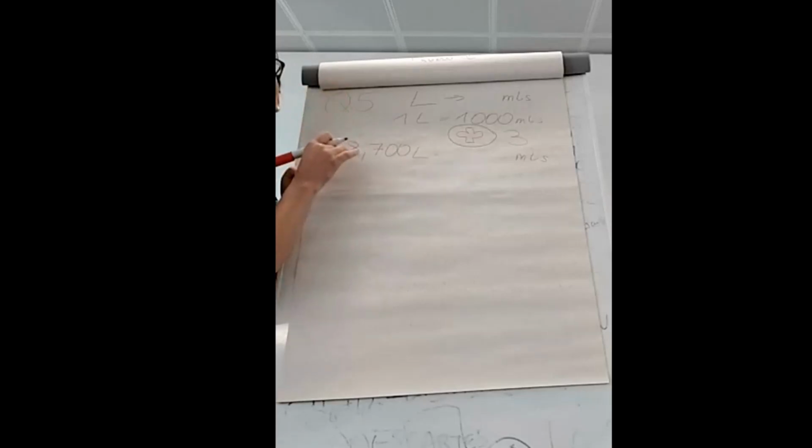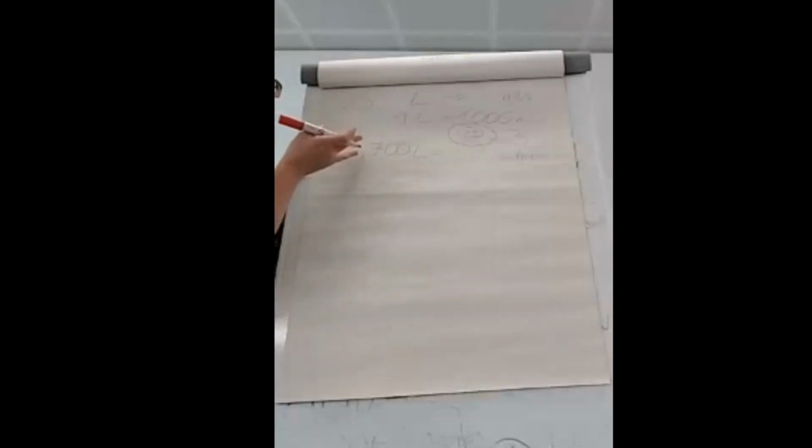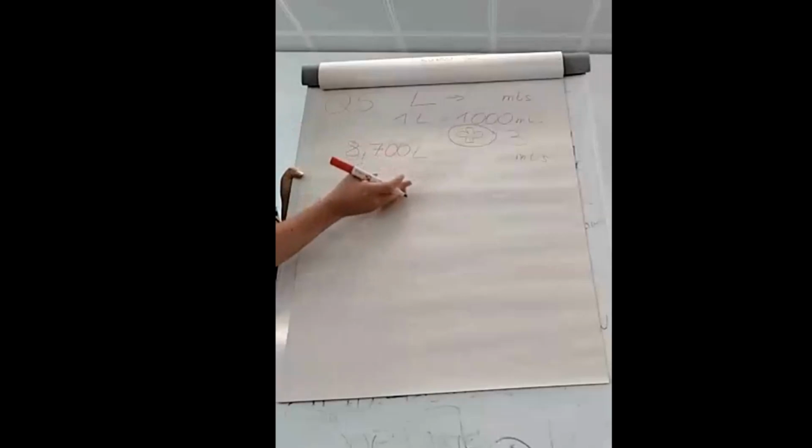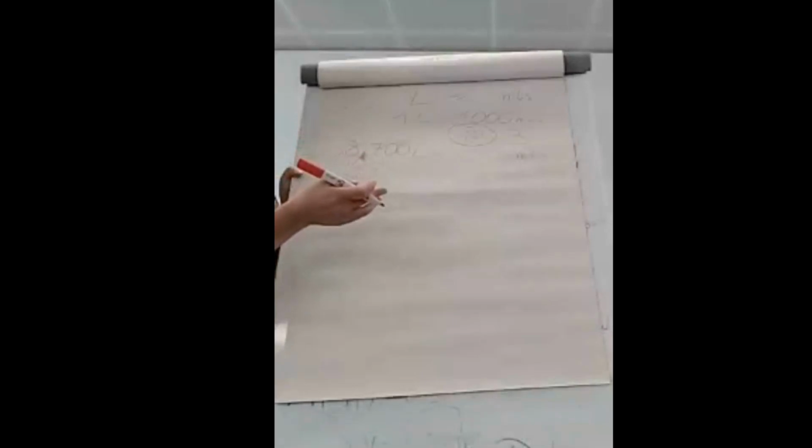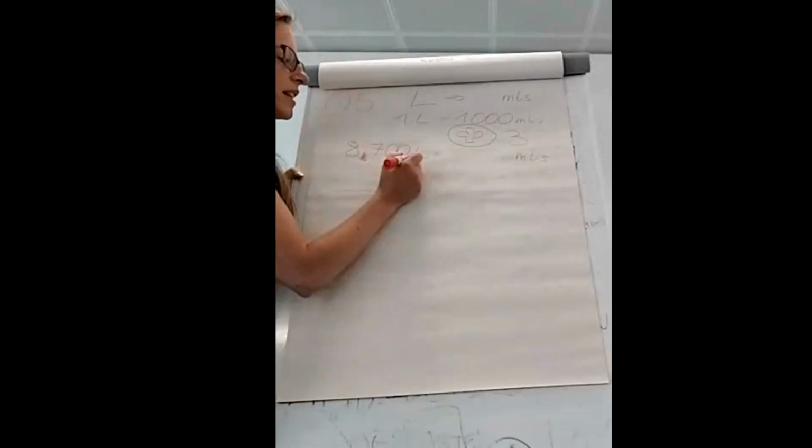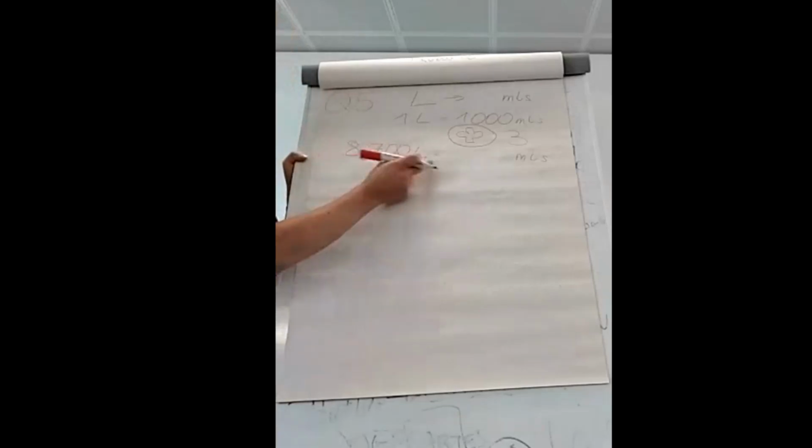It doesn't show us any value. If we were not to write this one, it wouldn't change anything. This is just to make it easier to read the number. So where is our dot? After the end. Always at the end of the number.